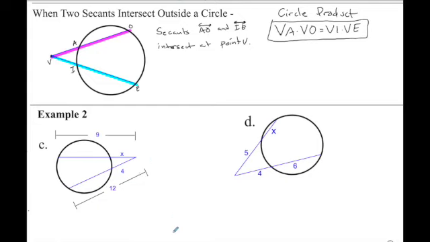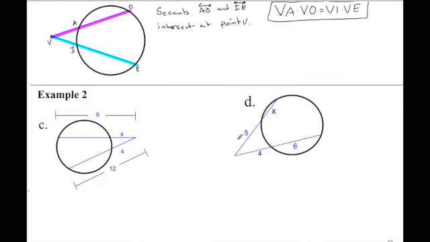So in this first one, I'm going to label the vertex V. The first one is going to be AO. Doesn't matter what order we put that in to label this line AO. And then IE. And this line is IE. Now I can write my circle product and plug stuff in.